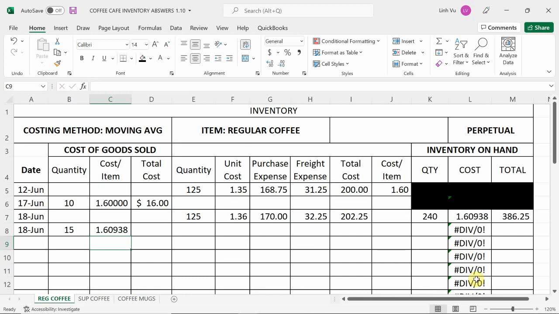As I told you guys, this is what we've been practicing throughout the entire time: leave the cost per item for the inventory unrounded.